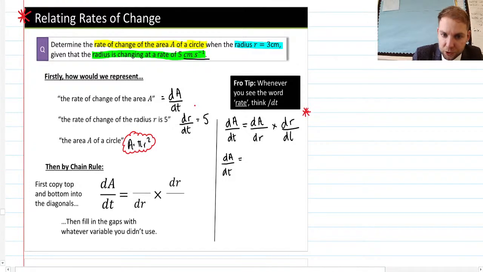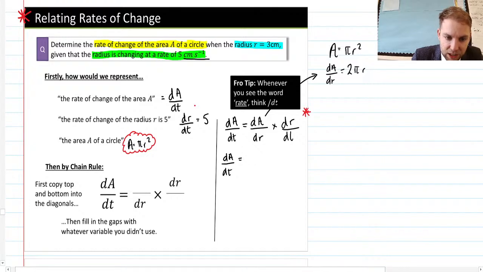So first of all, I probably do need to work this out. Over here, I've got the area in terms of the radius, which is pi r squared. If I wanted dA by dr, this is going to be equal to 2 pi r. Bring the 2 down, differentiating with respect to the radius, times by the 2, 1 from the power.